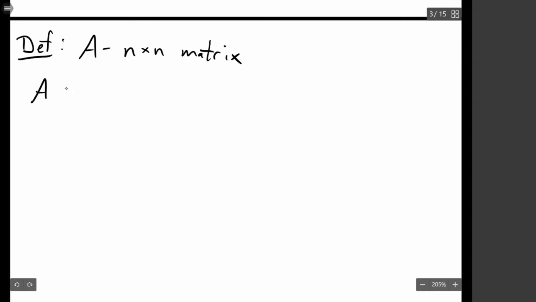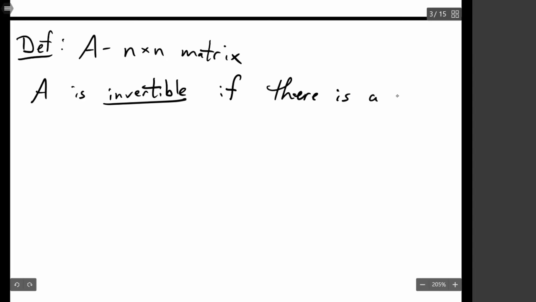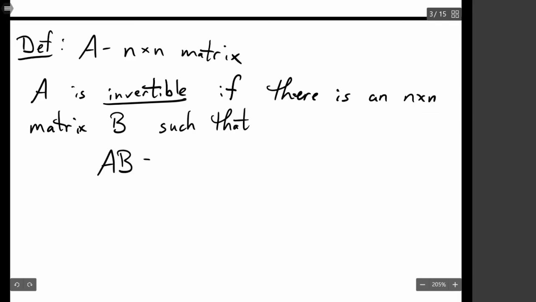Then A is invertible if there is an n by n matrix B such that A times B equals the n by n identity, but that should also equal B times A. So in either order we multiply them, we should get the identity matrix.